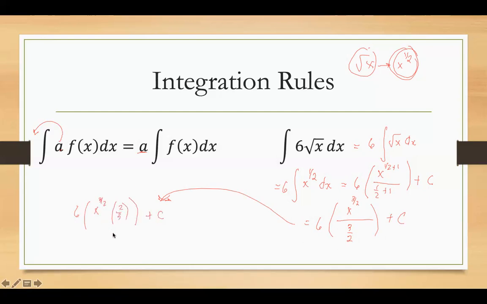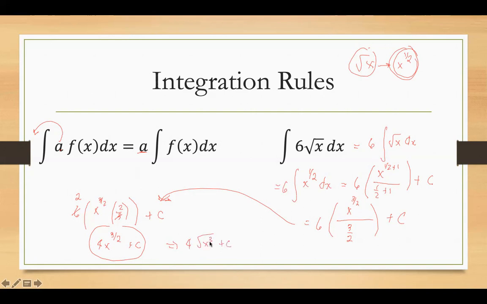And if you check on it, it's multiplication in everything, so you can cancel 3. What's left is 2. So that will be 4x to the power of 3/2 plus c. All right, so this could be your final answer. Or if you wish to transform this back to radical symbol, this will be 4 times square root of x cubed plus c.